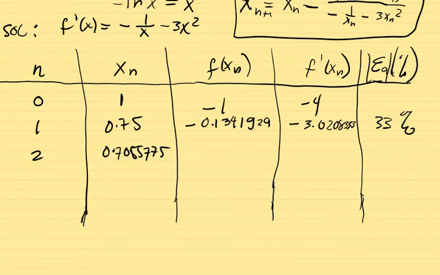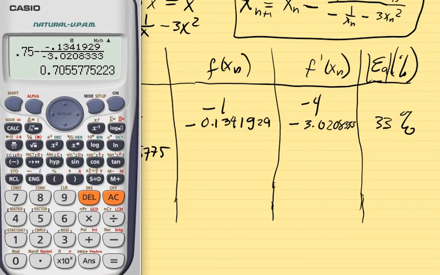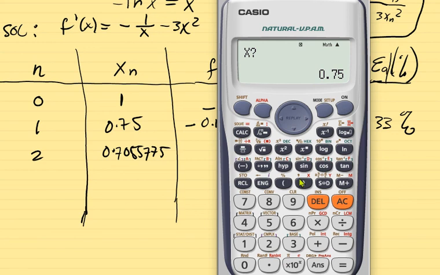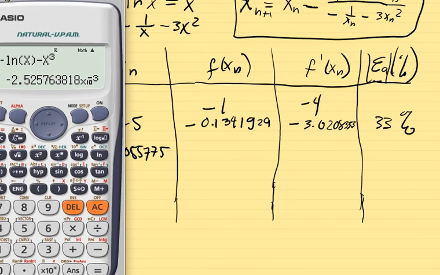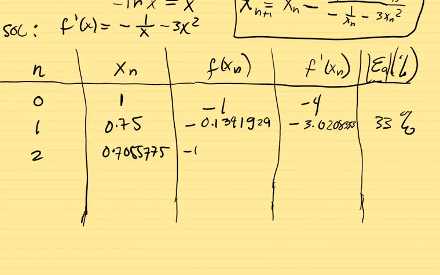Then what will be f of xn? F of xn will be this one. So calc, then 0.7055775 equals negative 2.5 times 10 to the negative 3, or so this is around negative 0.0025258.